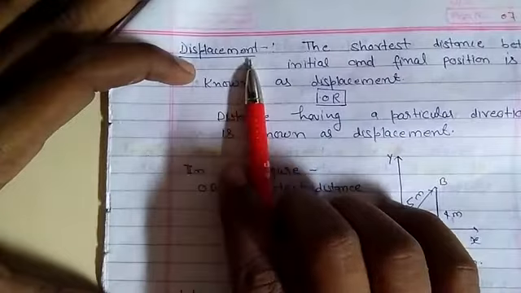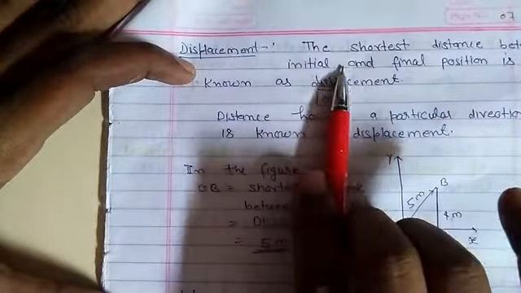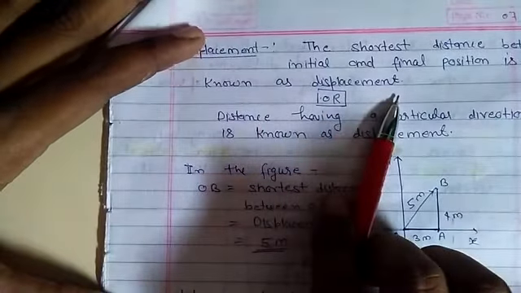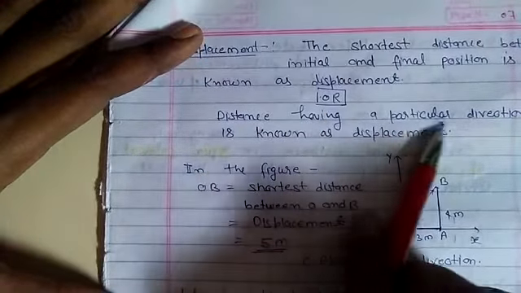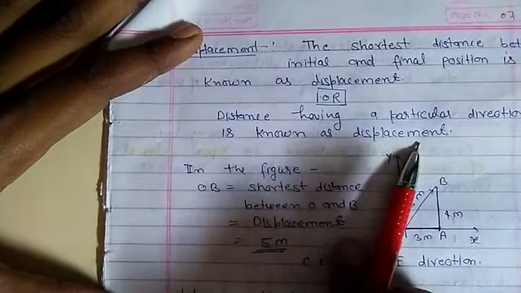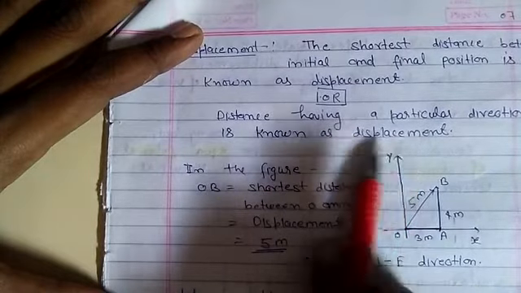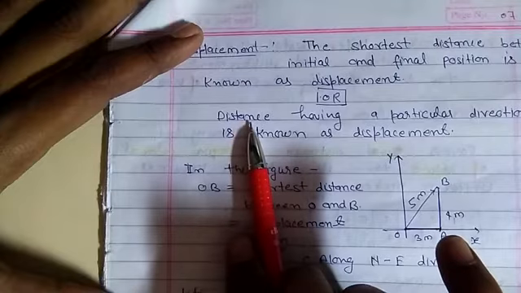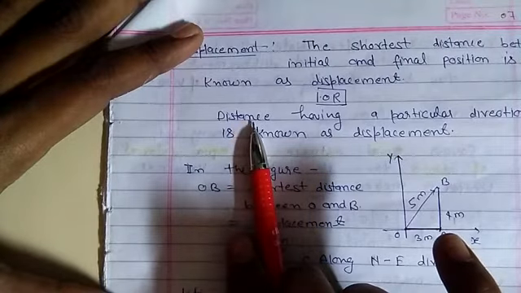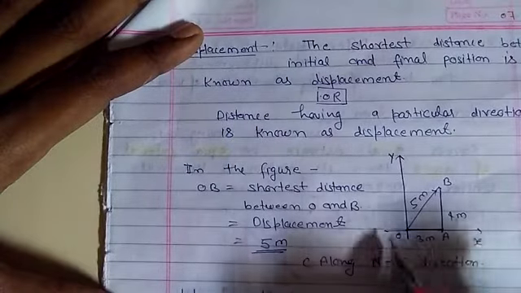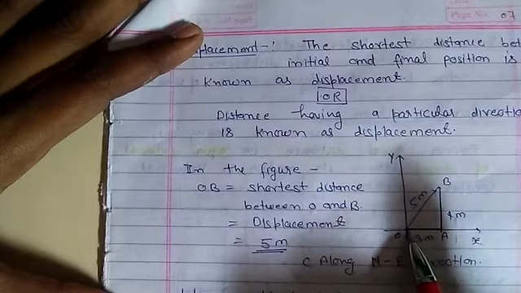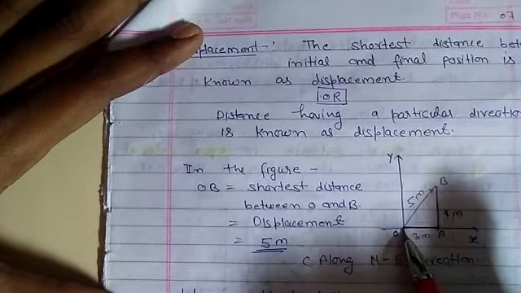So displacement is defined as the shortest distance between the initial position and the final position. Or you can say the distance having a particular direction is known as displacement. It means displacement is a distance but with a particular direction; it will be along some direction and will be definite. Okay, if you take the previous figure, O is the initial position and B is the final position.